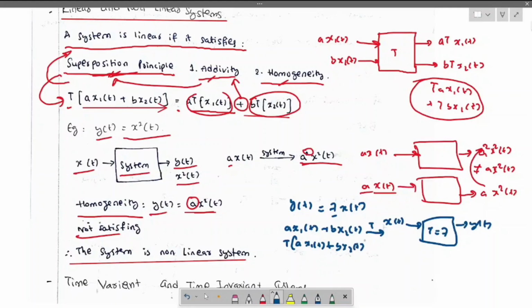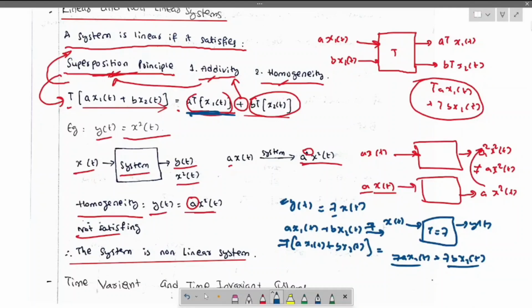T here is 7, so replace everything with 7. Now it equals 7a x1 of t plus 7b x2 of t, right? So this is satisfying, the same as the superposition principle. Hence this is a linear system.